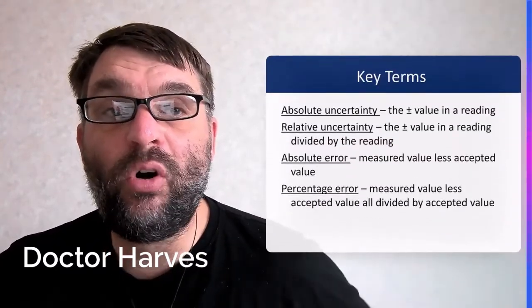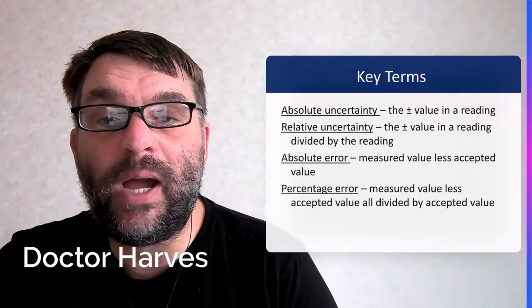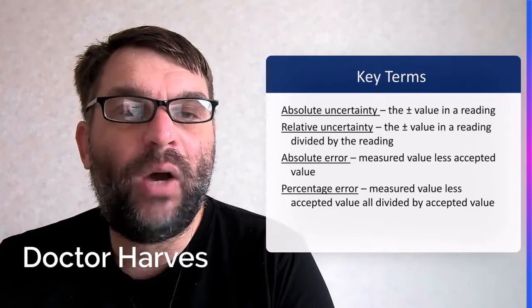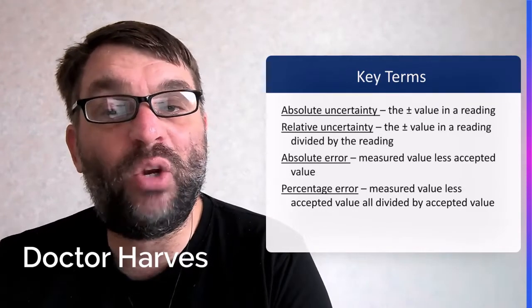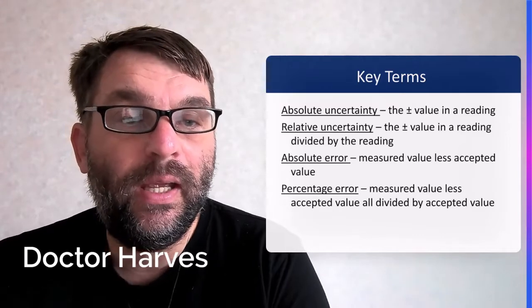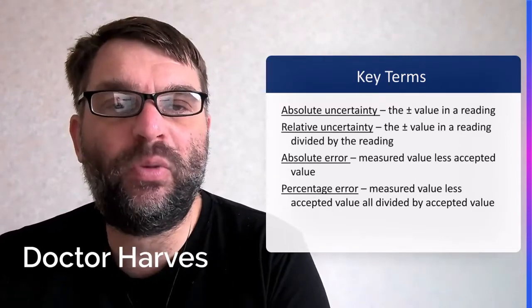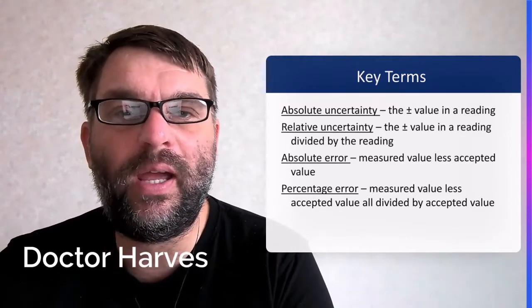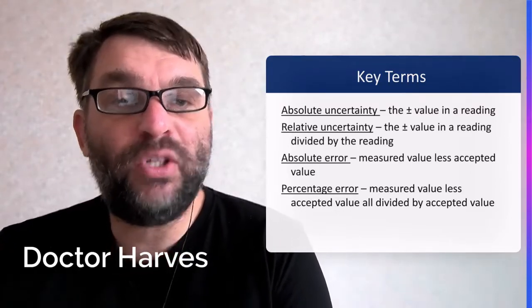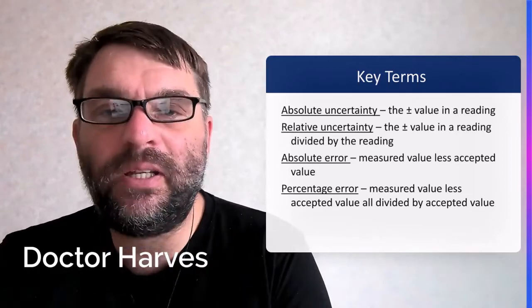So in terms of uncertainty and error propagation, we've got absolute uncertainty, which we looked at in the last lesson, which is the plus or minus value in a reading or a value. The relative uncertainty, which we'll look at next, is the plus or minus value in the reading divided by the reading. The absolute error is the measured value less the accepted value.